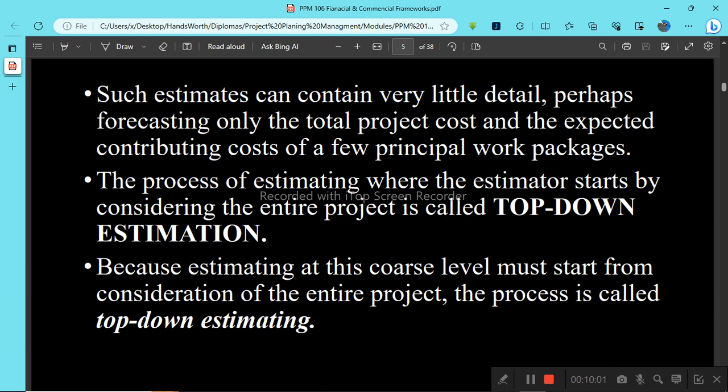Usually, when you look at the project just on a completion basis, you're just looking at, okay, this project was completed and this is how much was spent. It is giving you the total estimate, but it is still not giving you detailed information on how the costs were allocated and so on.